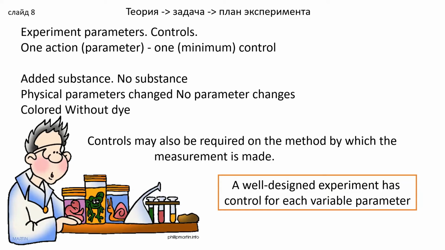So in most cases, when you go for the controls, one parameter is one control, at least. Sometimes one parameter needs two or three controls, because, for instance, when you apply light, you have at the same time intensity and wavelengths and maybe illumination pattern, but this is already complicated.